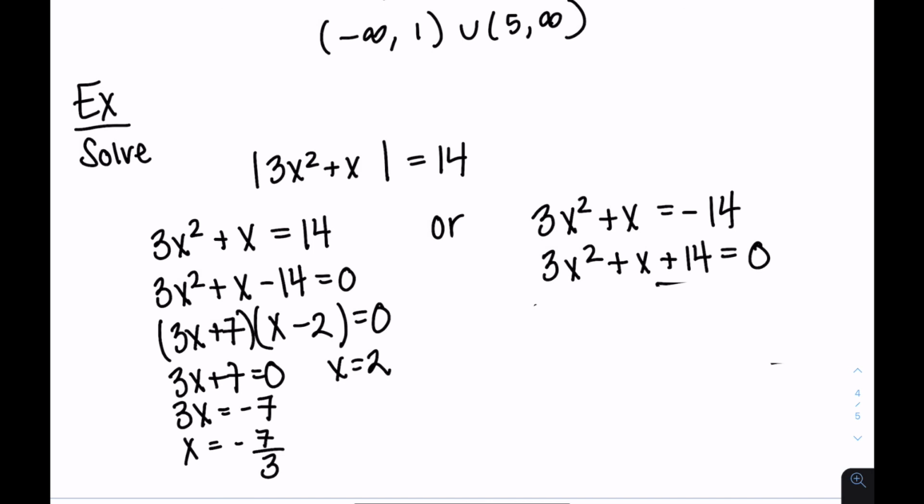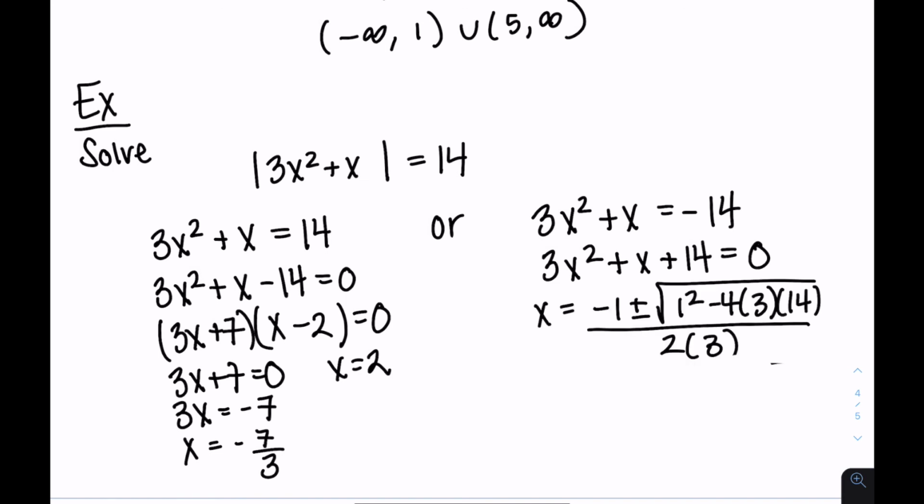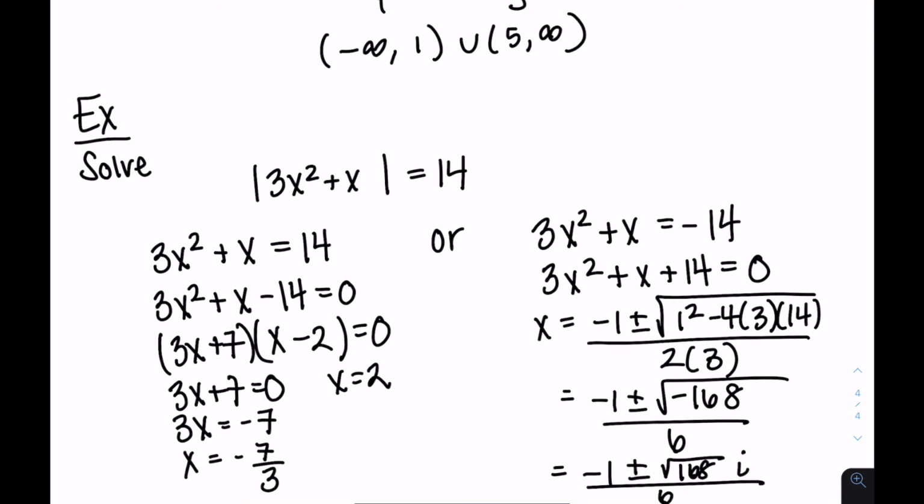Over here, if you try to go through and solve this one, you can't factor it as nicely. So you've got to go through the quadratic formula. And then that results in a square root of a negative number. So go ahead and take out that i. So it's still exactly the same process as before. Set the inside exactly equal to the constant, the inside equal to the negative constant.